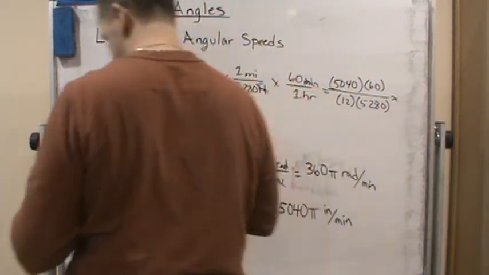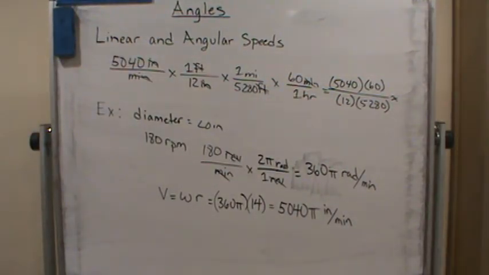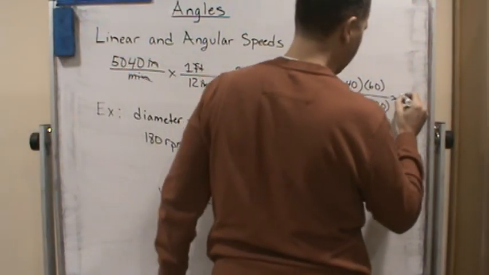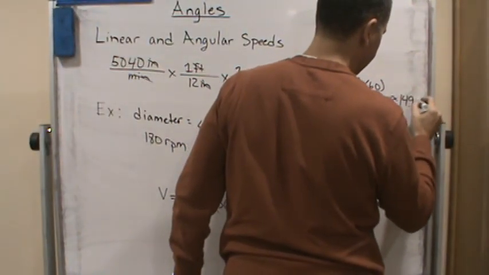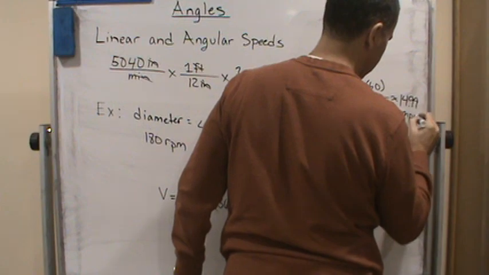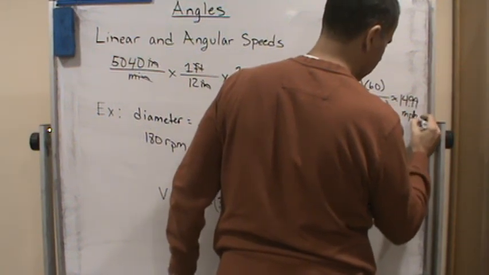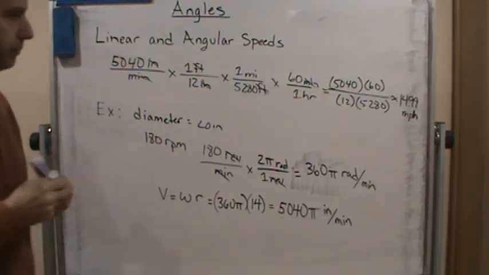If I put this in my calculator, the speed of the bike is approximately 14.99 miles per hour. 14.99 miles per hour.